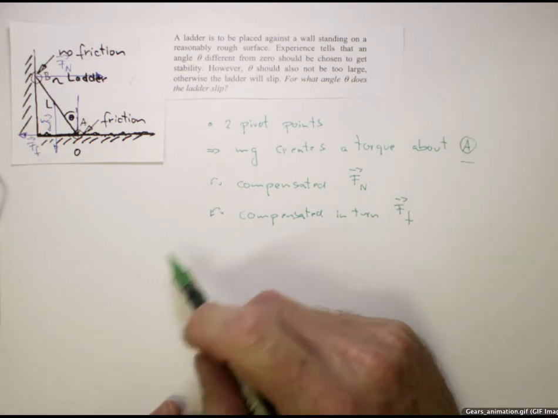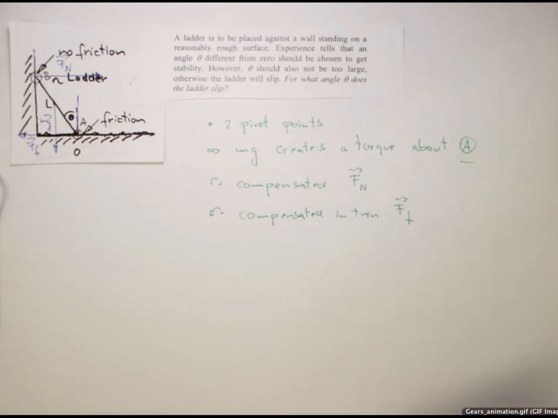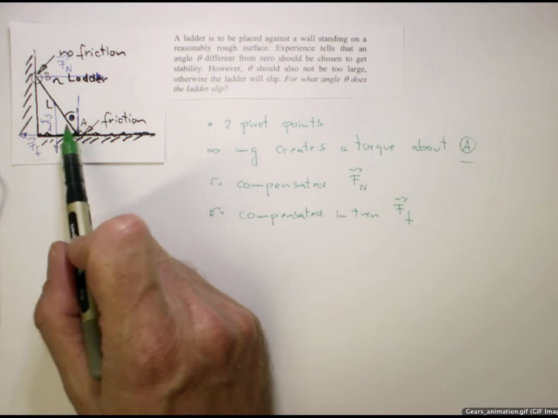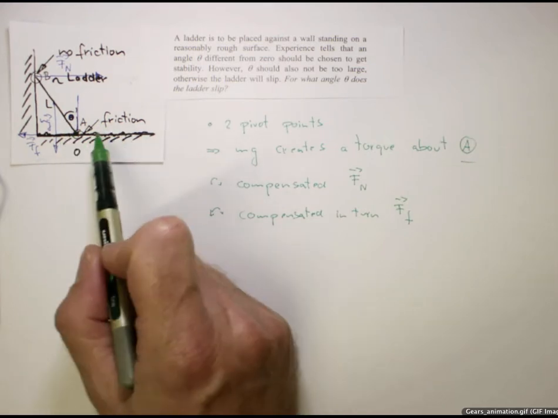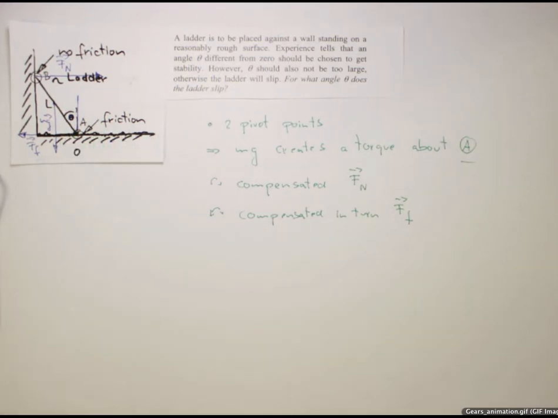And the question we want to ask ourselves, why is the ladder stable and is there a critical angle? Well, we know from experience, if we make this angle theta larger, eventually the ladder will slip, and just before that, that will be the critical angle.